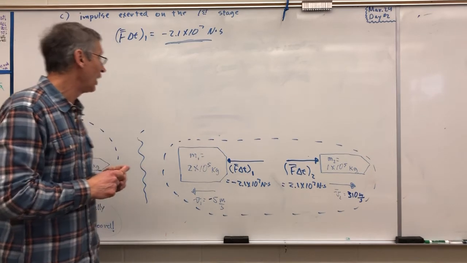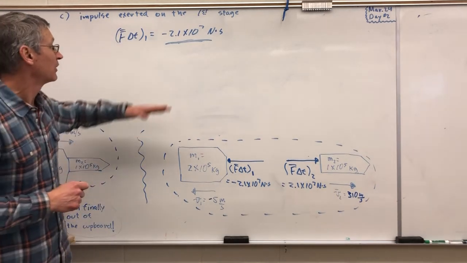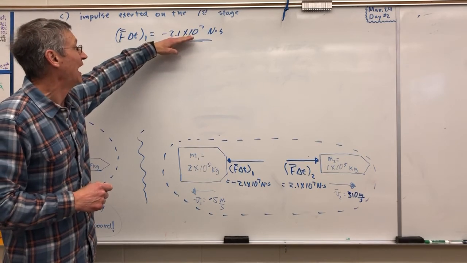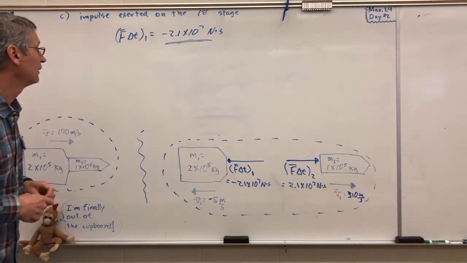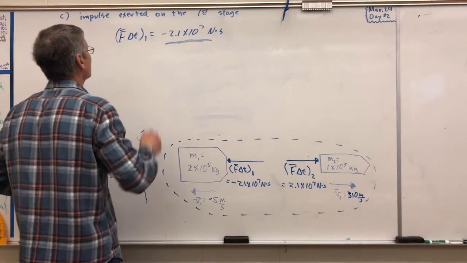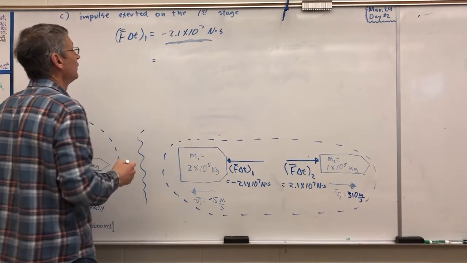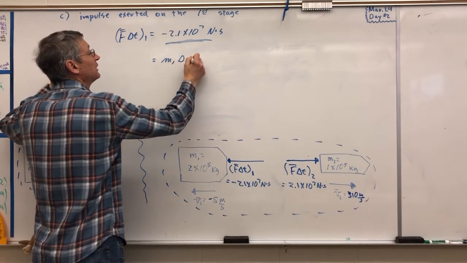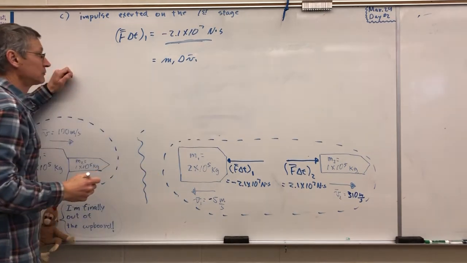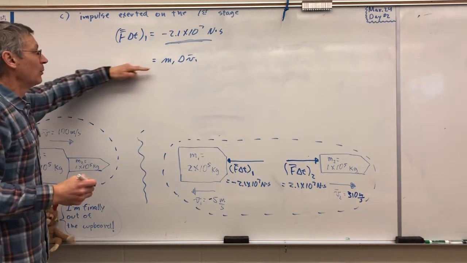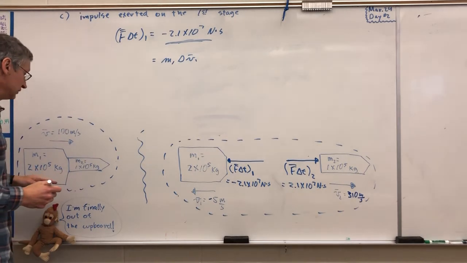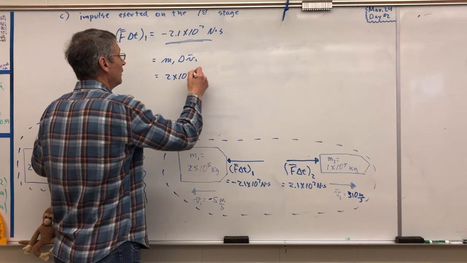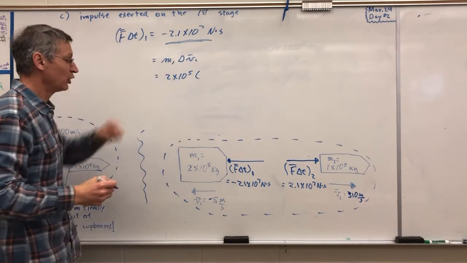Just before you take off though, I'll tell you what you can do to make sure that this answer is right. You could say, well, the impulse on the first stage is equal to the change in momentum of the first stage. The mass of the first stage, 2 times 10 to the 5th, multiplied by the change in velocity of the first stage.